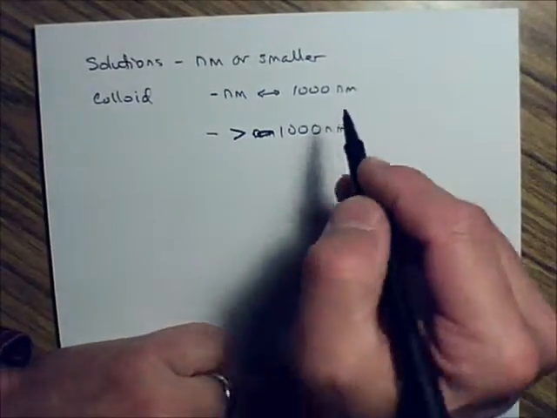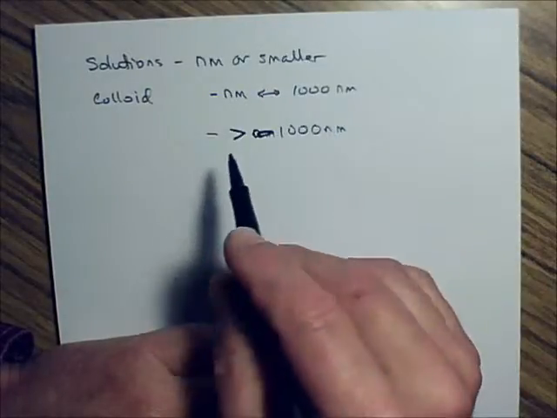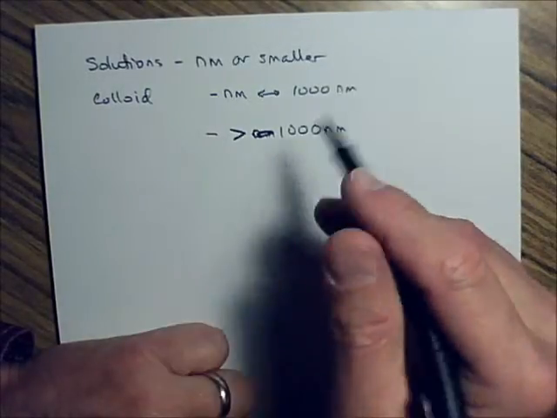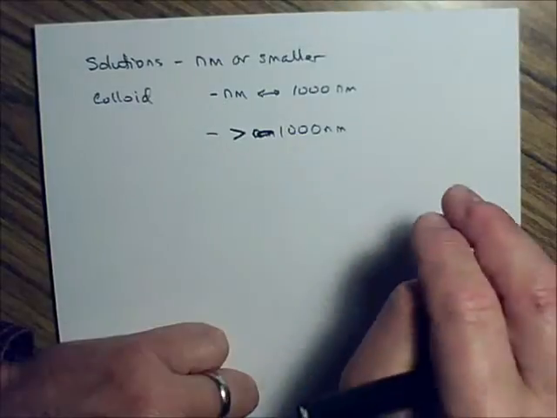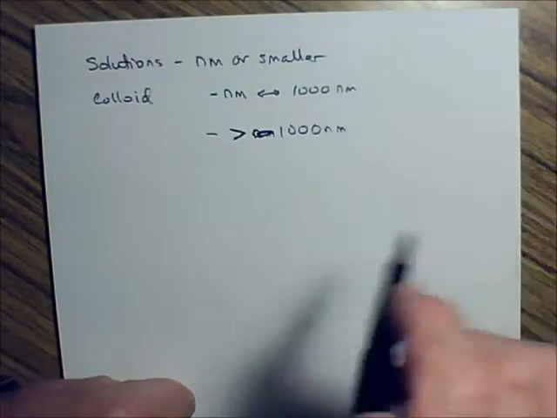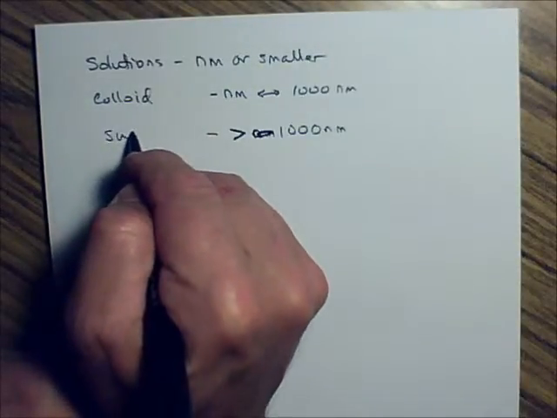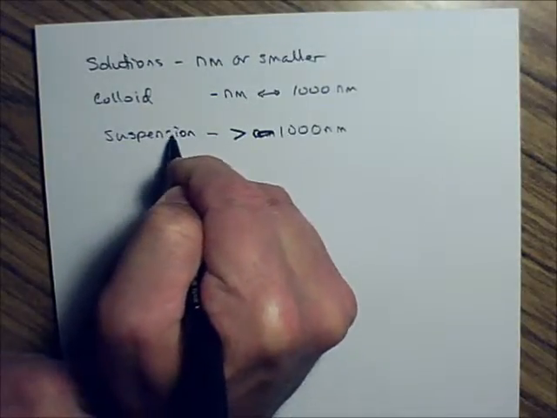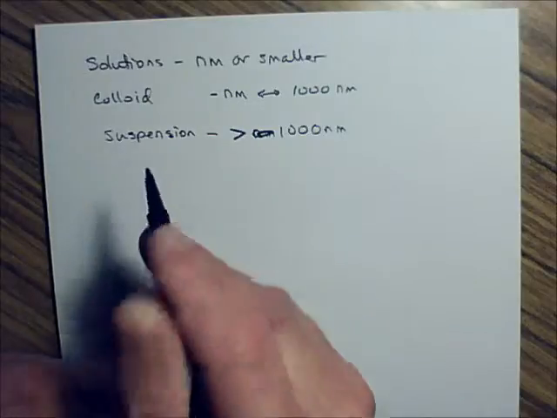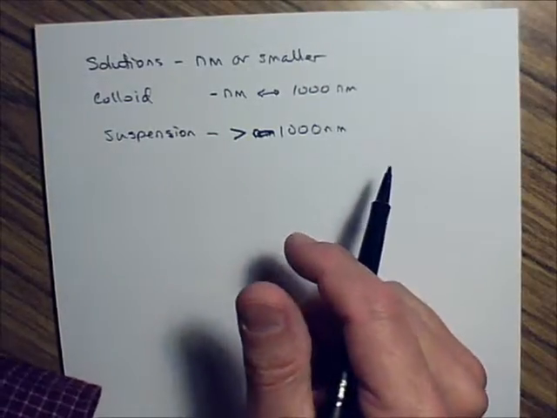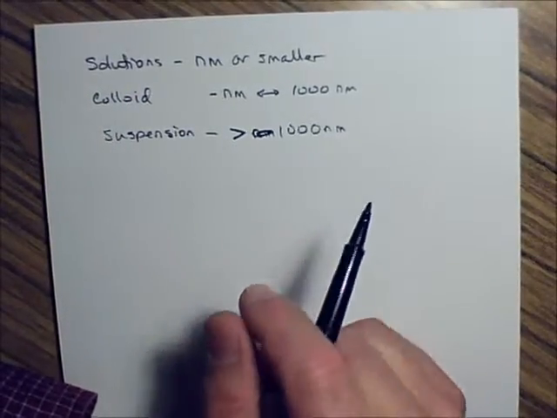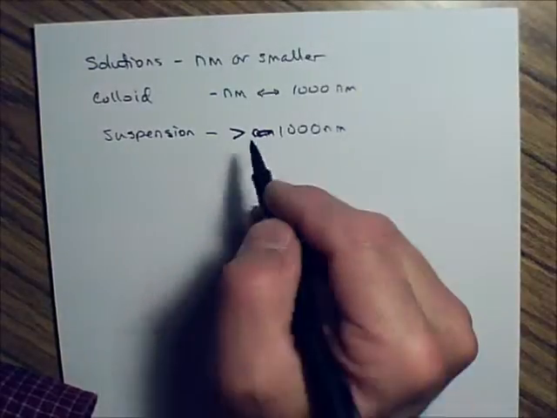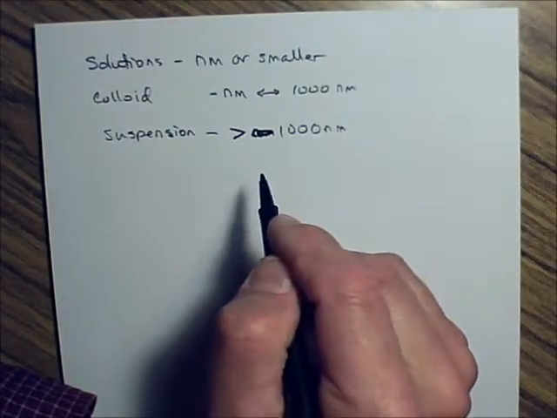If you can get the particles to stay mixed up for a short time, then you've got a suspension. Those particles are larger than 1,000 nanometers.